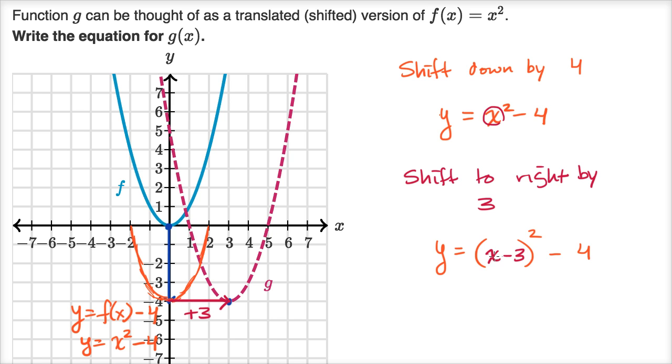Now it's a little counterintuitive to say, wait, I mean, the vertex value is increasing by 3. Why am I replacing x with x minus 3? Why isn't it x plus 3? I explained the intuition in more depth in earlier videos where we talk about shifting parabolas. But one intuition is that over here, x squared is going to be equal to 0.